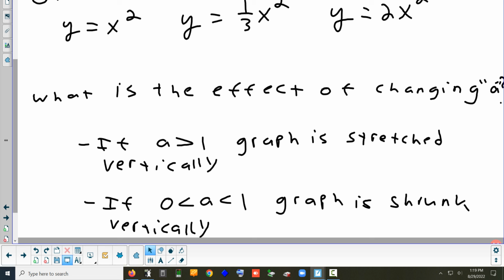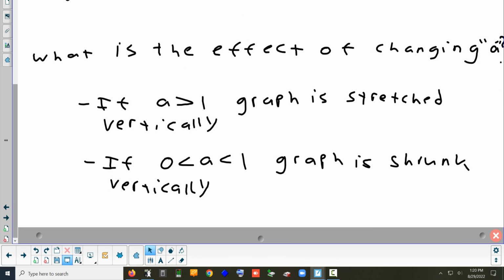But it gets confusing if we use the word compress. So we'll always say vertical stretch by a factor of, and then put the number. So any questions on that?